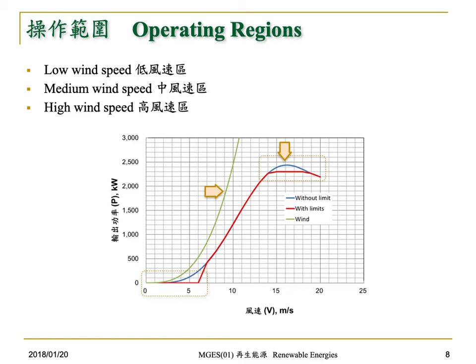They either slow down the wind turbine rotating speed, or put a brake on the shaft, and those kinds of things to restrict the output power. So only in the middle range is that red one. The red line actually represents the possible wind turbine output power.